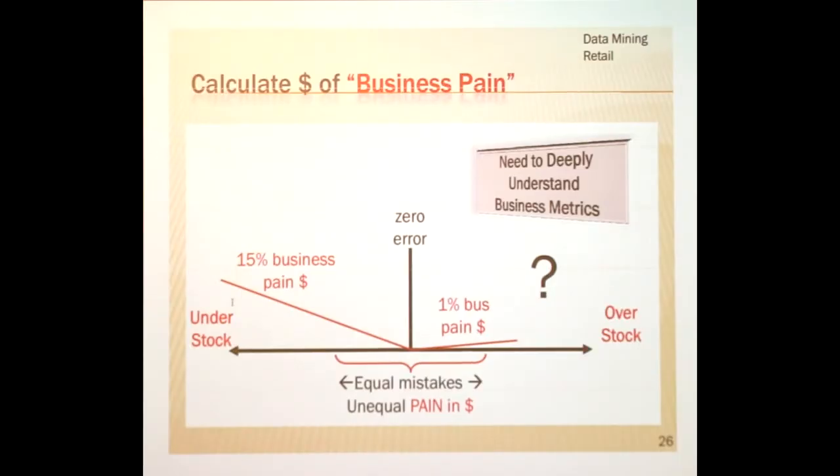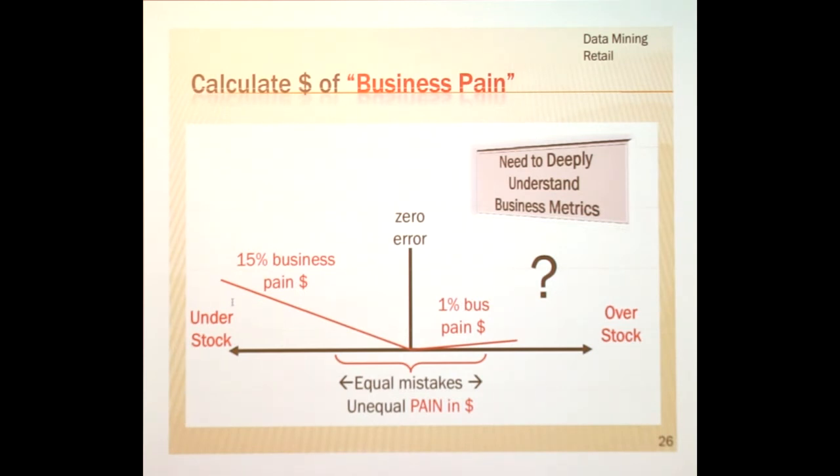Think of that as your profit margin, or profit margin plus a customer annoyance factor, something you're trying to penalize the model for. If you have a few extra items on the shelf, then the pain point might be very small, maybe 1%. If I have a few extra things on the shelf, that doesn't matter so much.